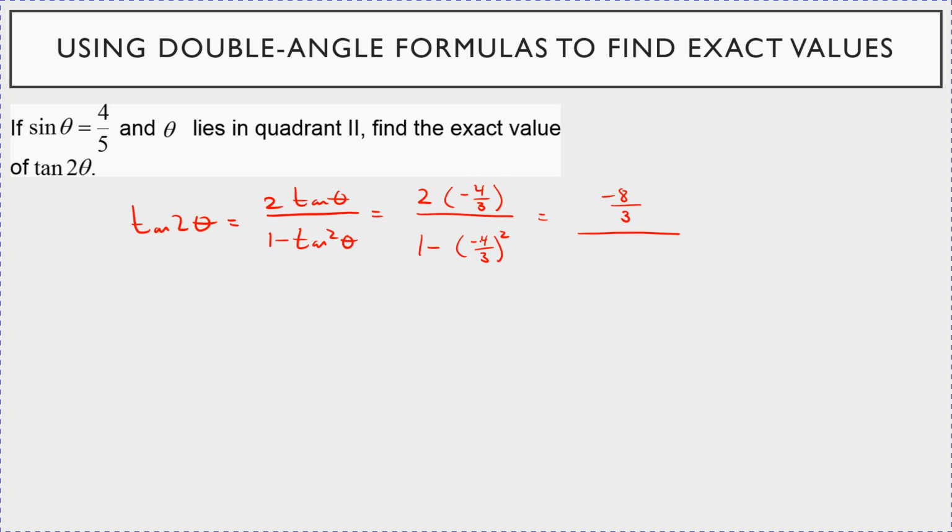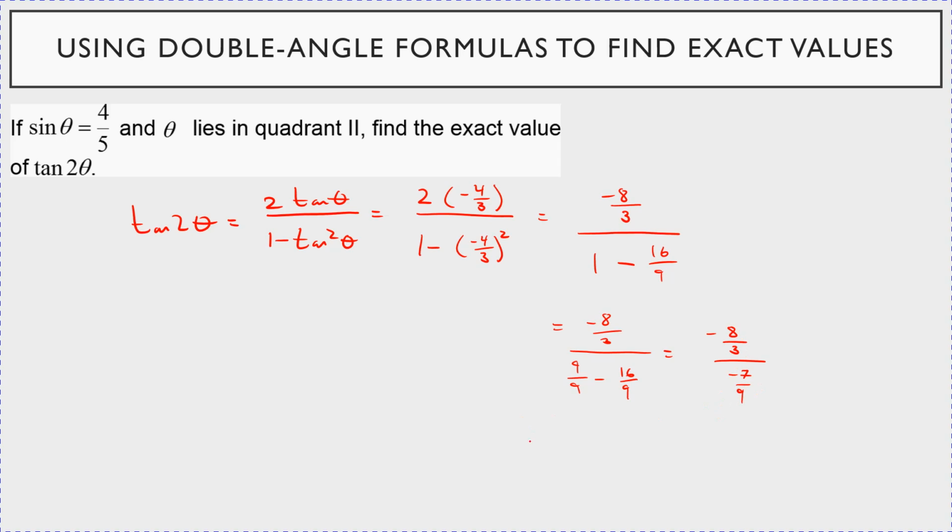divided by, here this is 16/9, right? So this is 1 minus, because this minus is still here, but this negative here, when you square it, becomes a positive. So you just have to change the 1 here to 9 over 9. So this is minus 8/3 divided by, here, what do you get? 9 minus 16, you get minus 7/9.